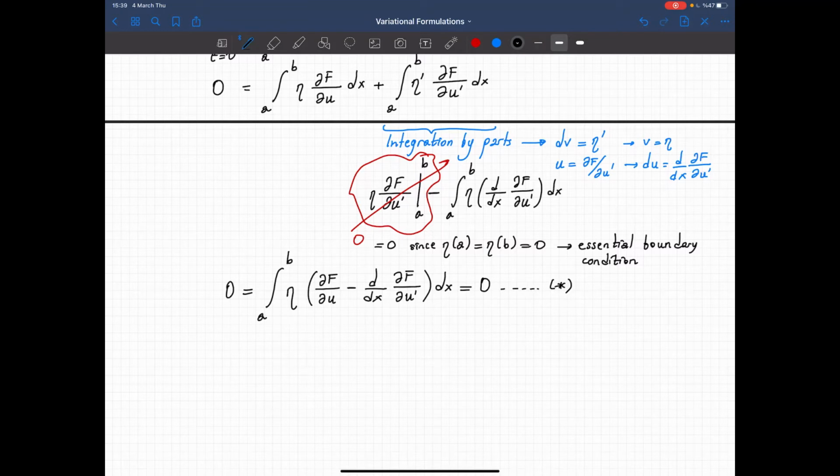That's equation star. We know that nu is an arbitrary function. So the requirement for u to extremize this functional is given in this equation. u must satisfy this equation. So with these derivations, we obtain what u needs to satisfy.